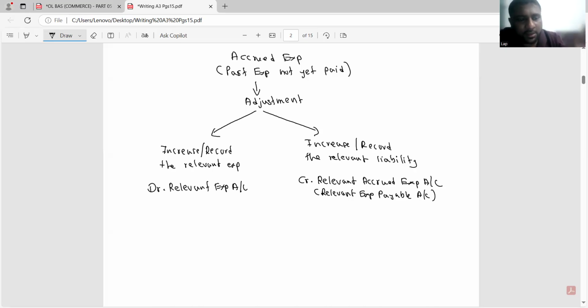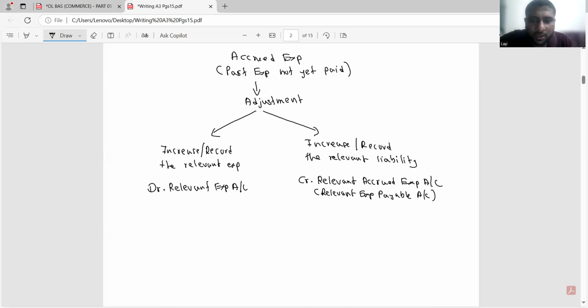One is increase or record the relevant expense, and from the other side, increase or record the relevant liability. Debit the expense account, credit the accrued expense account. If not, debit the expense account, credit the expense payable account. Payable is a liability. Simple as that.